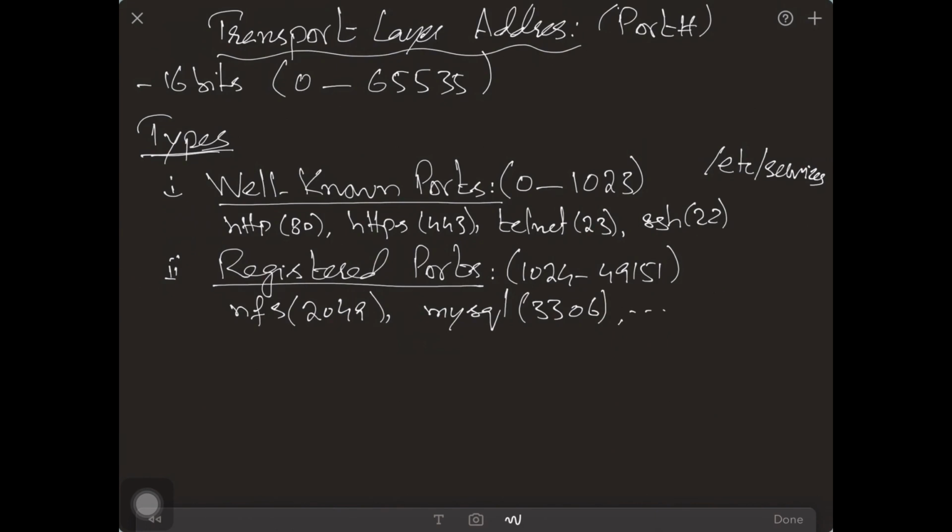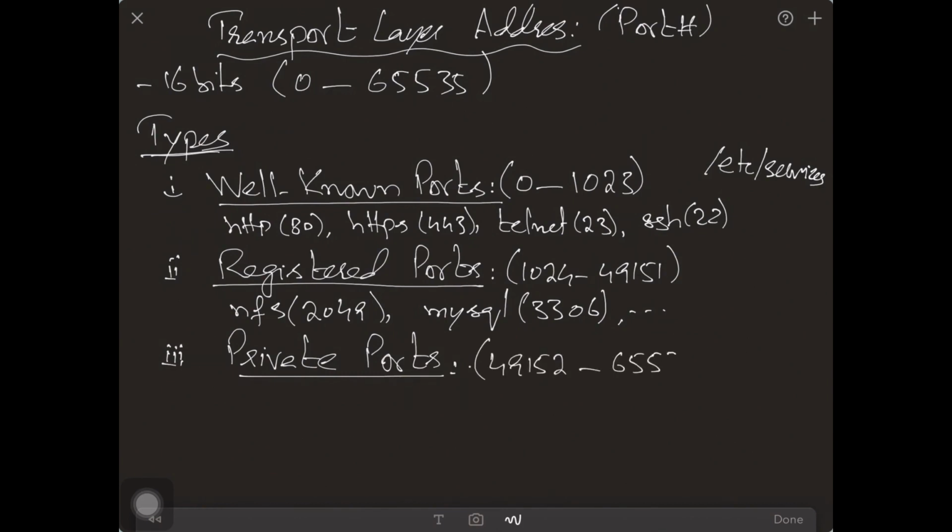Being a developer, one should not use the well-known and the registered ports, as it may conflict with other applications using these port numbers. So being a developer, you should use private ports. The third category, the private port numbers, range from 49152 to 65535. They are also called dynamic or ephemeral ports, and they are used for local applications.